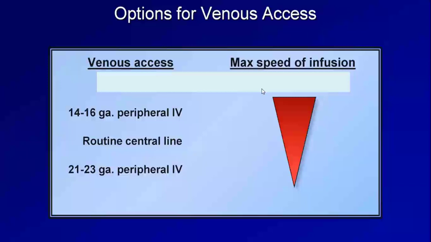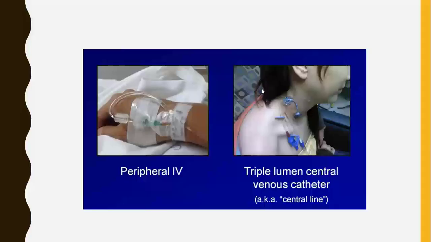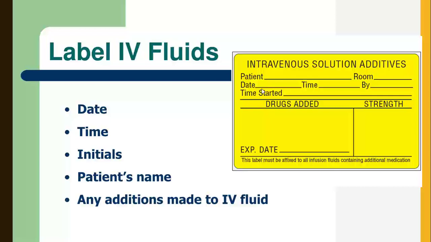The speed of IV fluid infusion should be appropriate to the caliber of the vein I infuse into, and to the caliber of the access. So if I am supposed to give a fluid at a rapid rate, I should use a wide caliber vein and a wide caliber IV access.